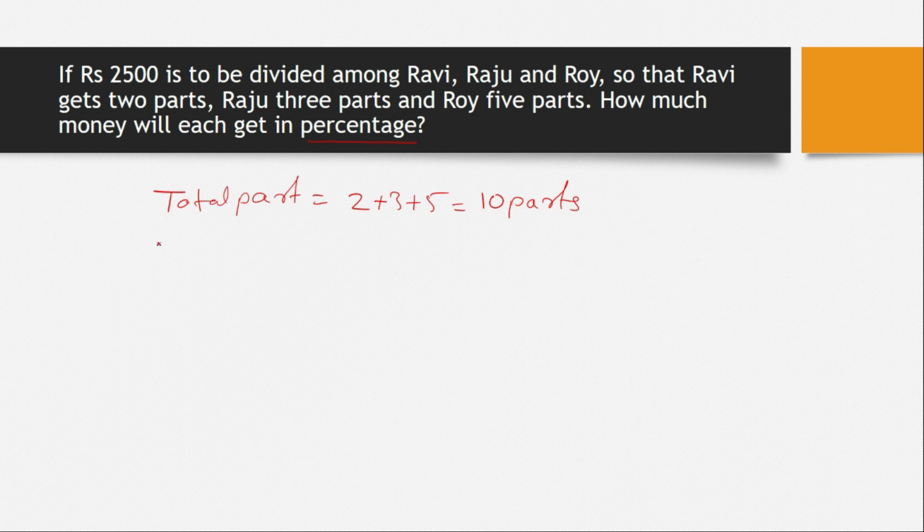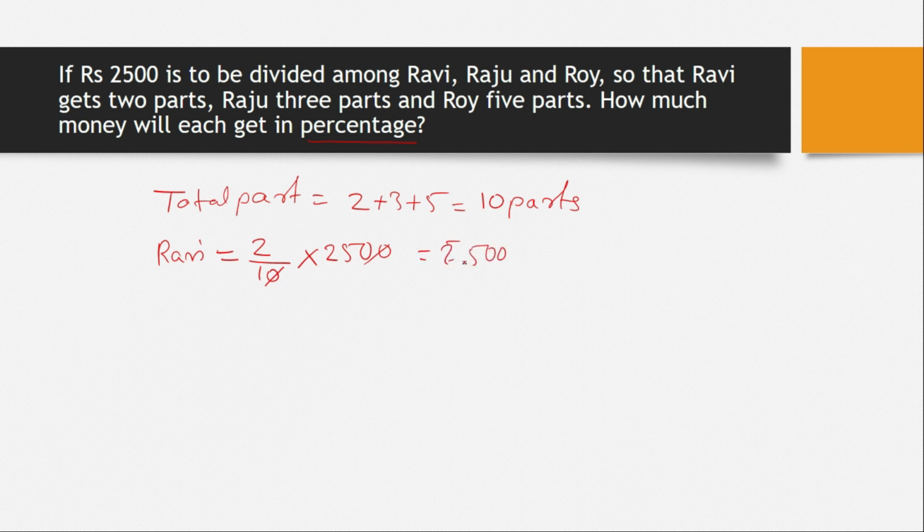So Ravi's part, how much will Ravi get? He will get 2 by 10 into, what is the total amount? 2500. That means rupees 500.